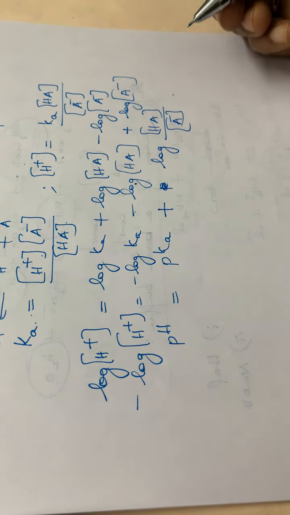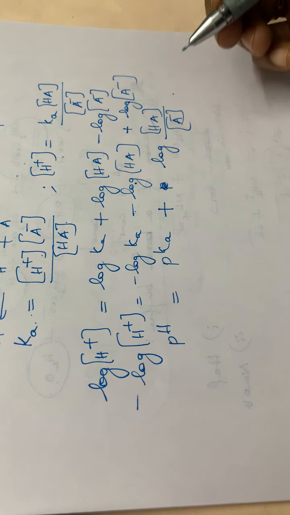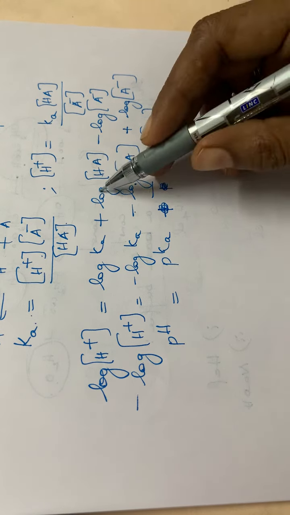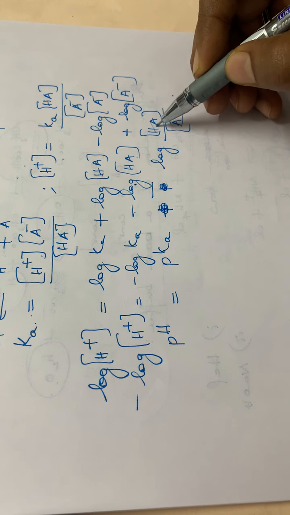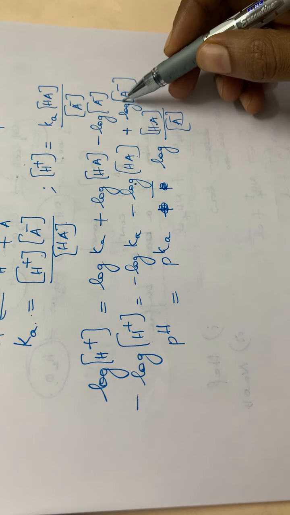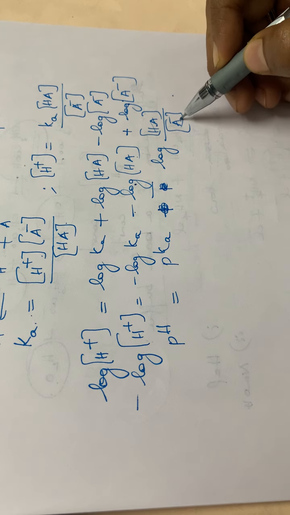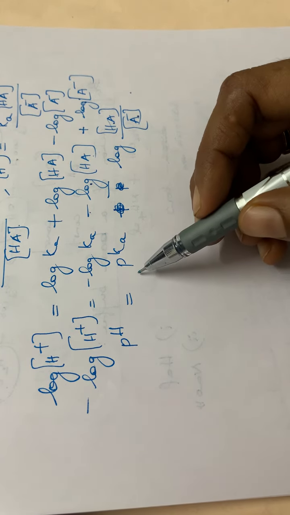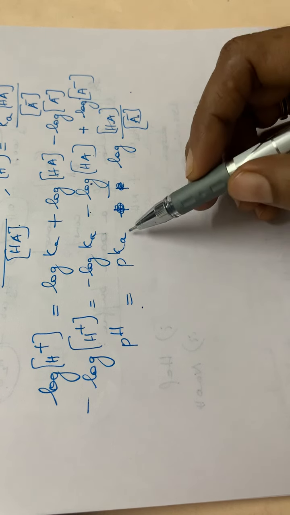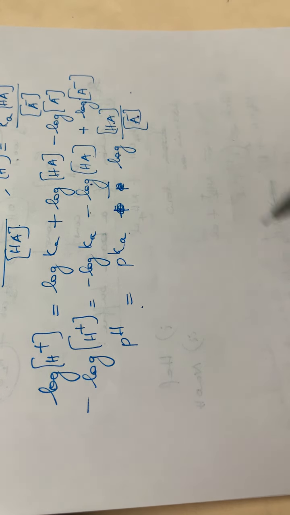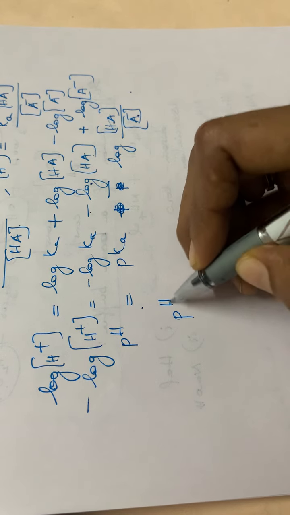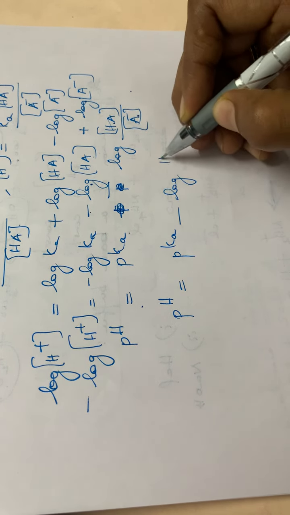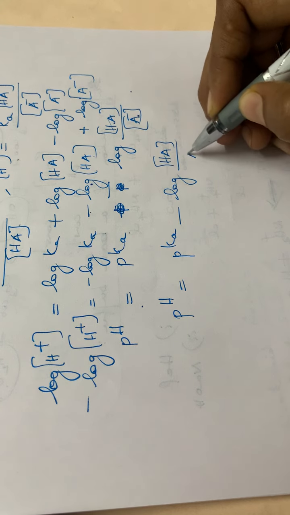You have to write it in this form. So here what will be the sign? Minus, isn't it? Minus log HA. While this comes to the denominator, it becomes A minus. So we will have this formula: pH is equal to pKa minus log HA divided by A minus.